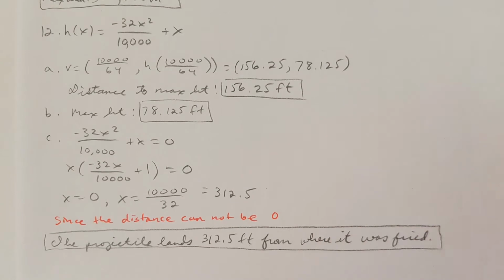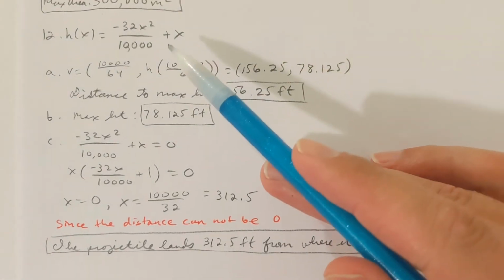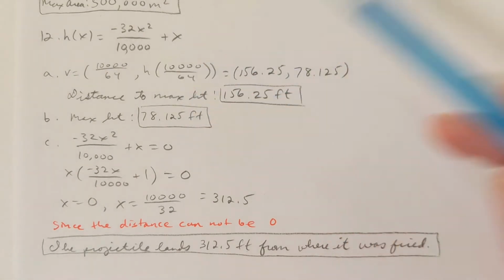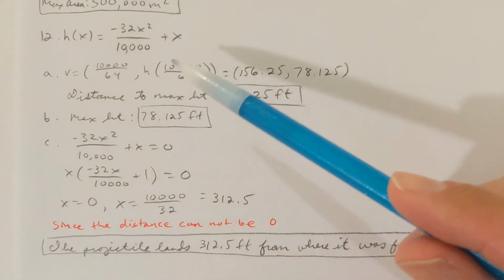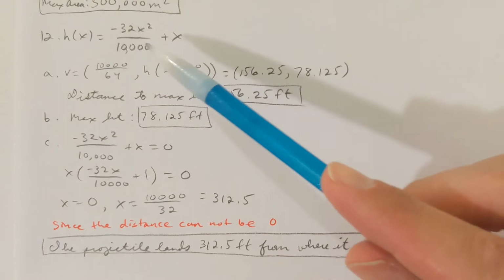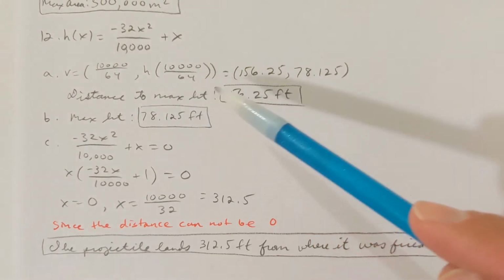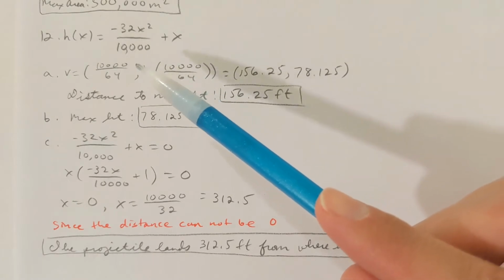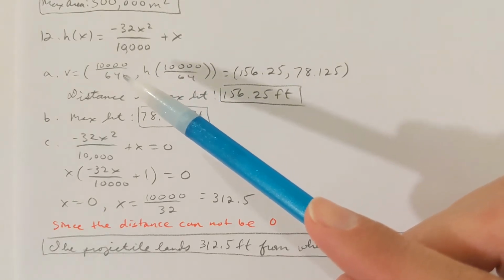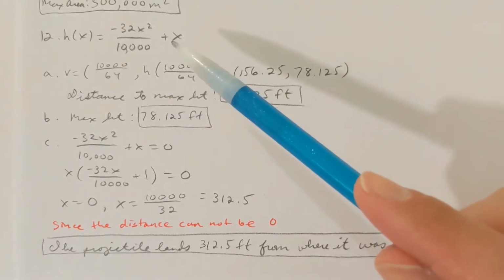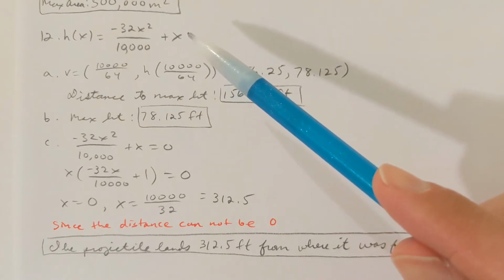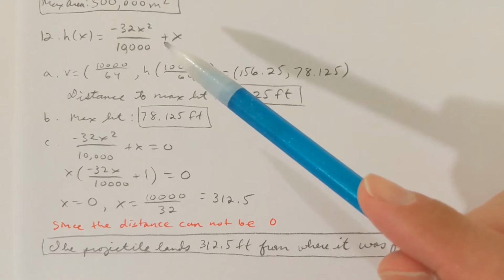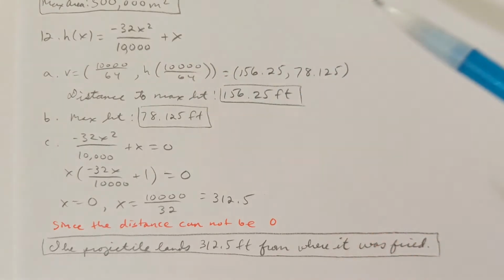Well, that's just an exercise in finding the vertex. So 100 squared is 10,000. And I've got the opposite of B divided by 2A. 2A means I've got 64 over 10,000. Since the opposite of B is negative 1, divided by negative 64 over 10,000, that gives 10,000 over 64.